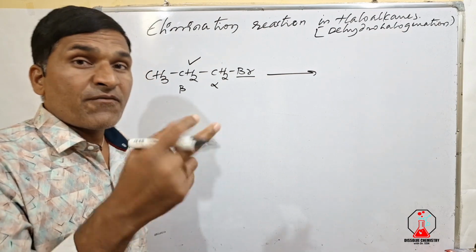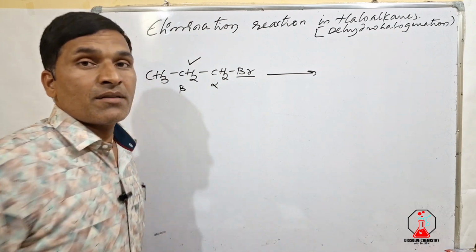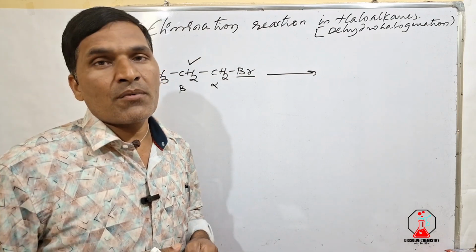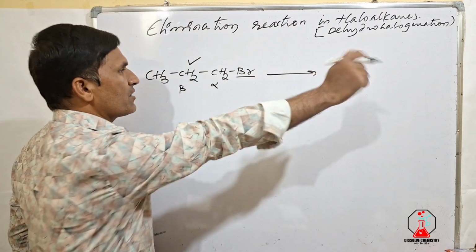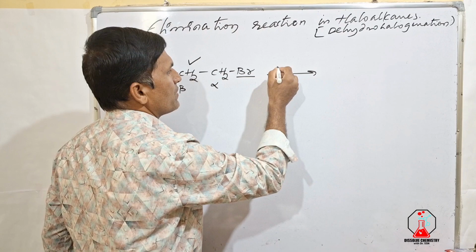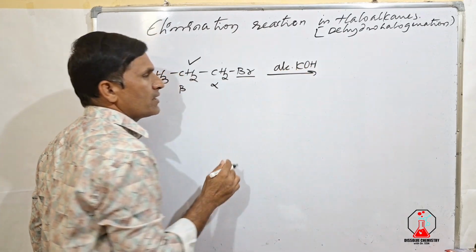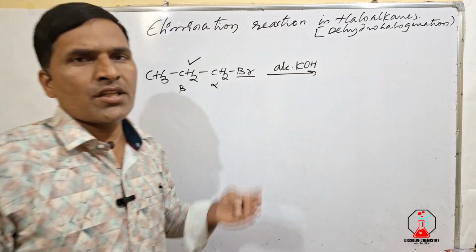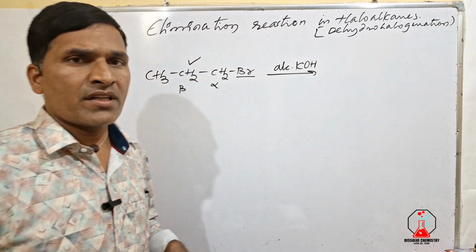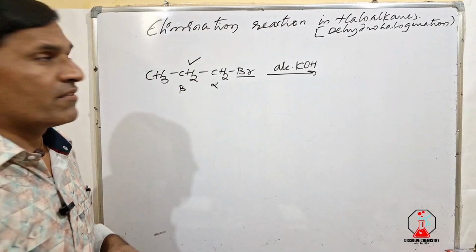If not, you will end with the substituted product. So we use, for example, alcoholic KOH. The alcohol can be ethanol, methanol or propanol, but preferably ethanol.